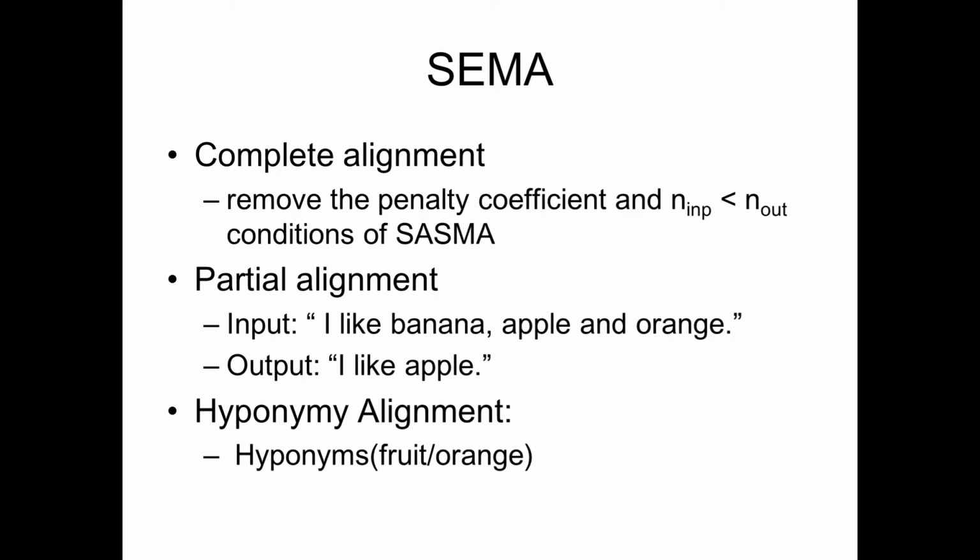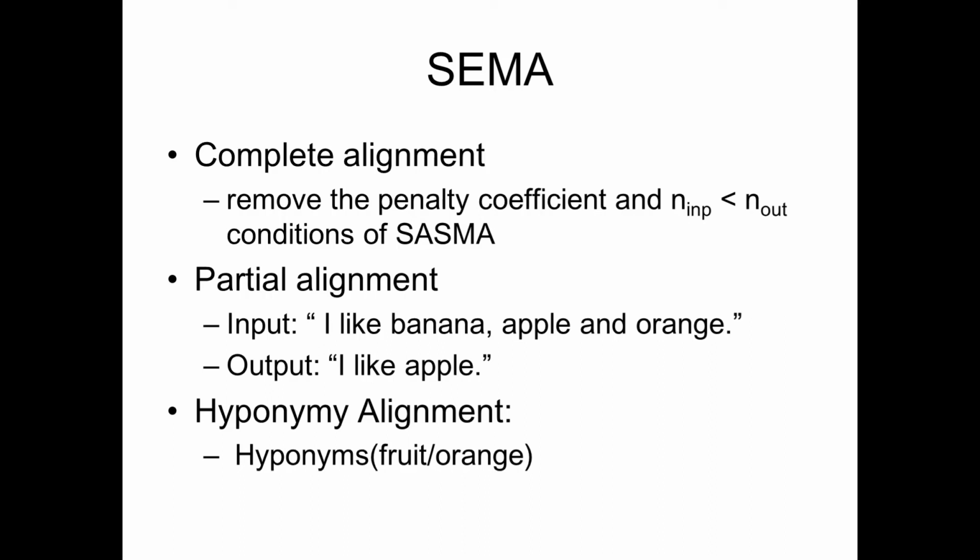For example, for the input sentence "I like banana, apple, and orange," the participants are banana, apple, orange. When the output sentence is "I like apple," only apple is matched in the smallest unit of the participant, but the value is 0. Partial alignment calculates the matching degree of every single smallest unit.